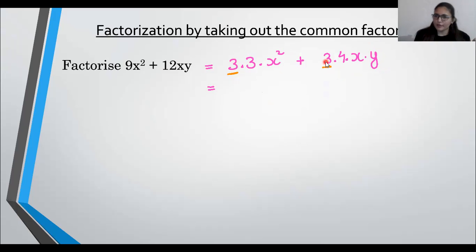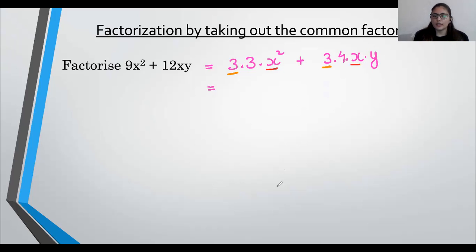You can see that 3 is present here as well as here, so we can take out 3. Now, what else can we take common? There could be a variable also. You can take a variable common outside as well. So we can take 1x outside from here and 1x outside from here.